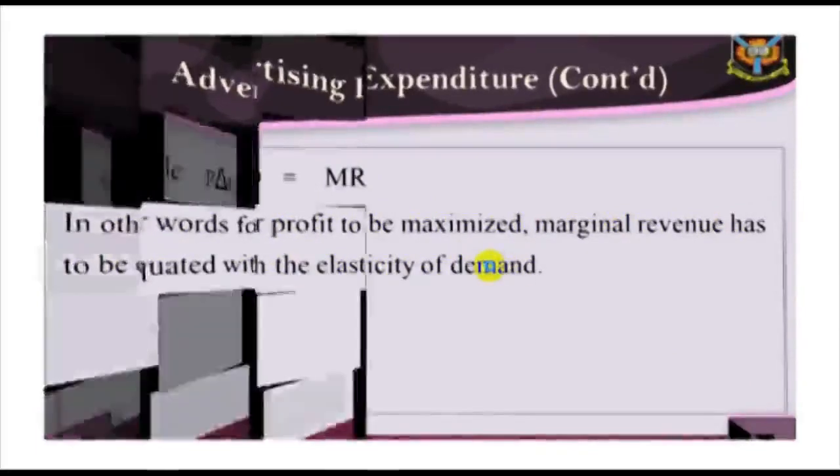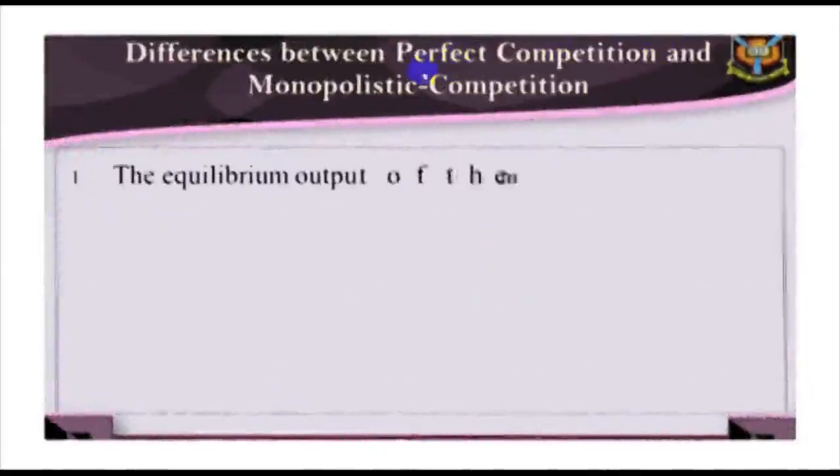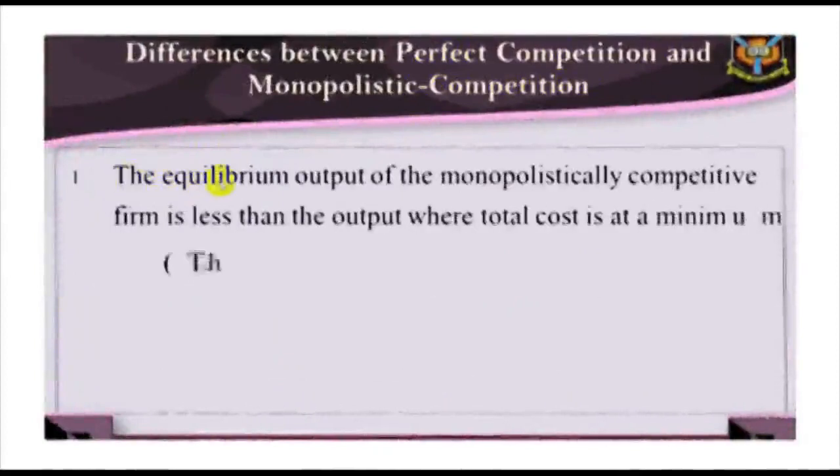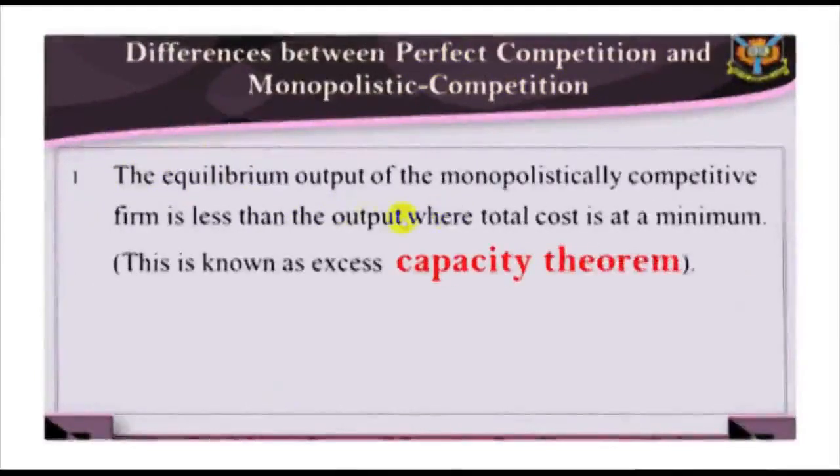Differences between perfect competition and monopolistic competition. Number one, this is a derivative of our discussion above. The equilibrium output of the monopolistically competitive firm is less than the output where total cost is at a minimum.